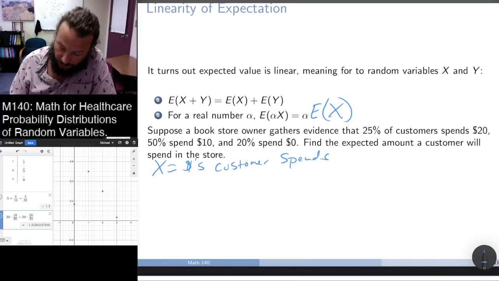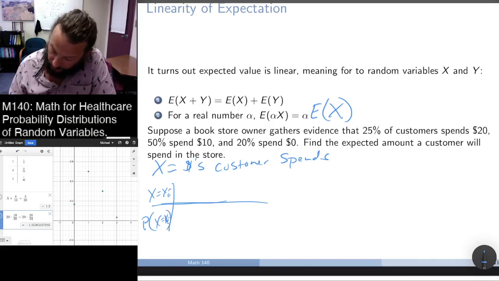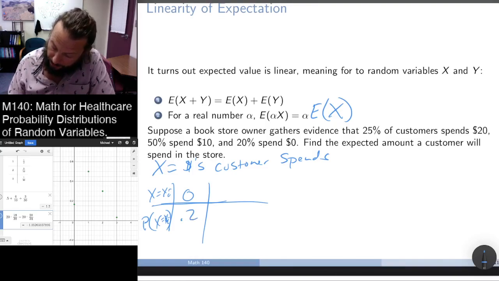And so we now have our probability distribution that we've got to come up with. What's the range of x? Well, it looks like it's going to be either 0, 10, or 20. The probability that the customer spends $0 is 20%. The probability that they spend $10 is going to be 50%.